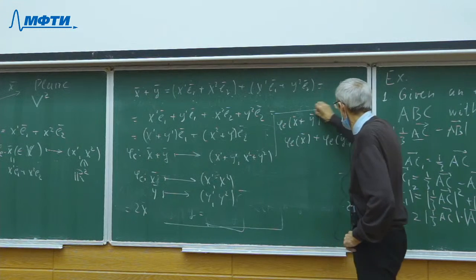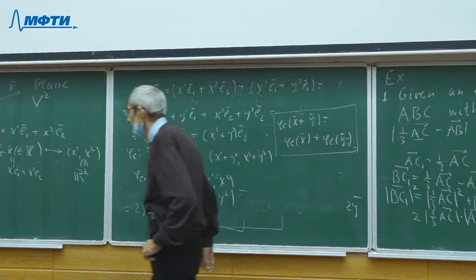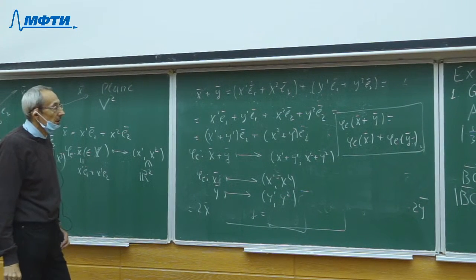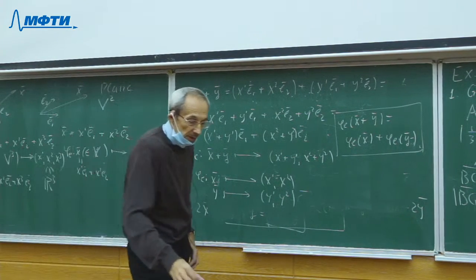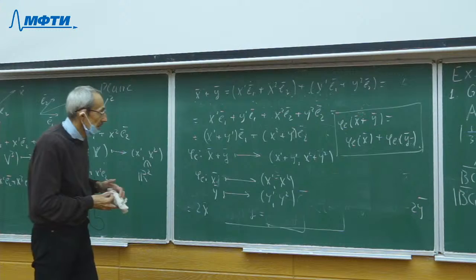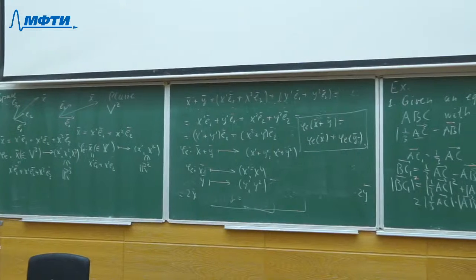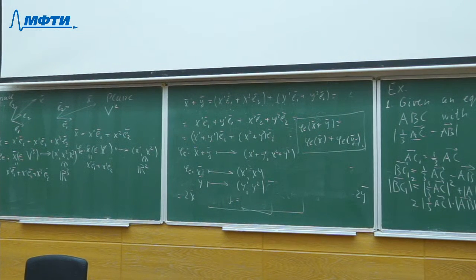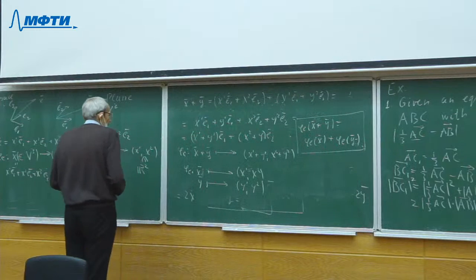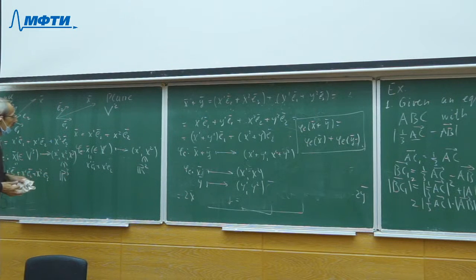And this is the main conclusion from the properties of the basis, and we will use the coordinates of the vector to calculate some characteristics of the vector in terms of the coordinates of the vector.